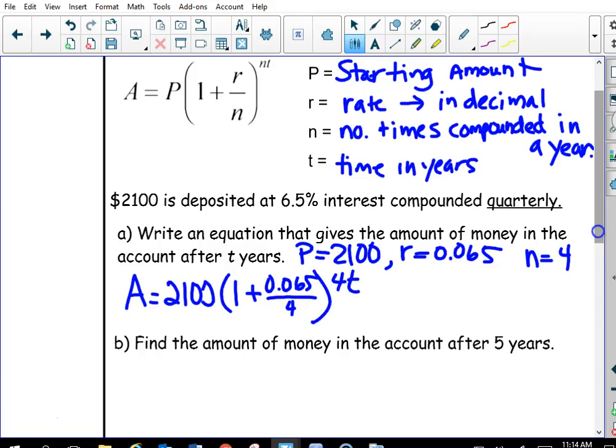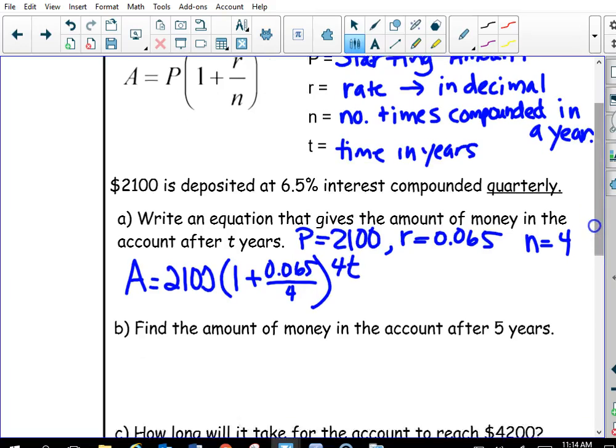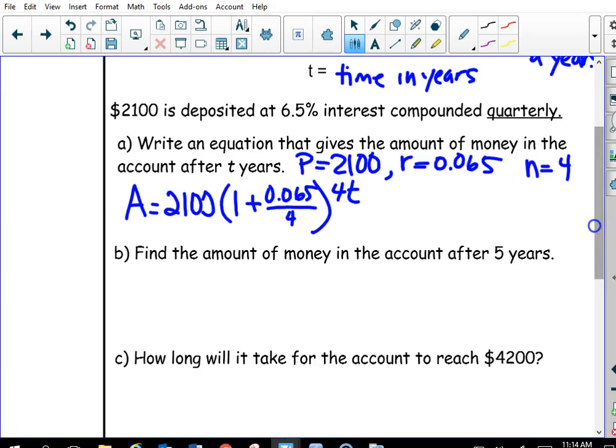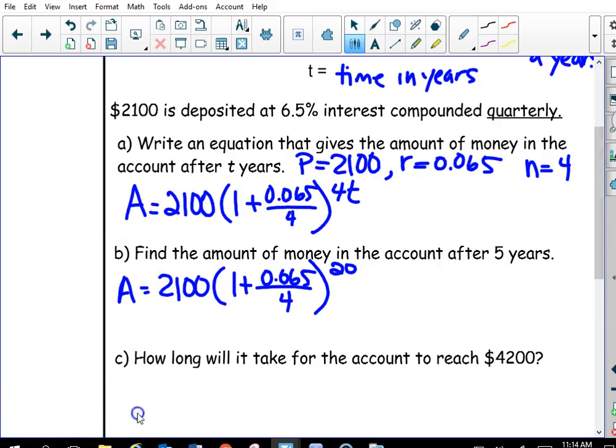Yeah, plug it in. There's our equation. And now we're going to use it to find the amount of money in the account after 5 years. And 4 times 5 gives me 20. That just saves me some typing on the calculator, which I'm going to do here next.